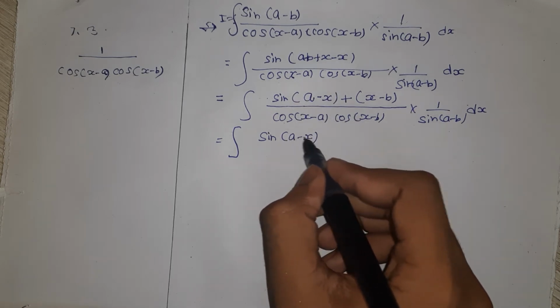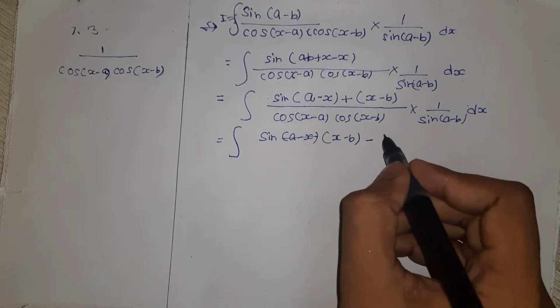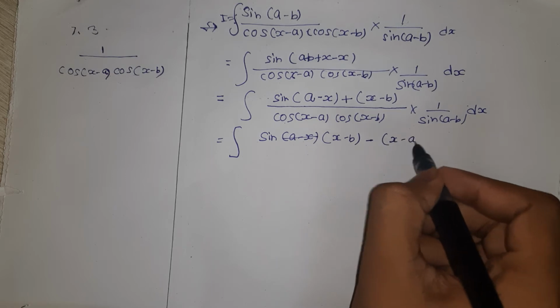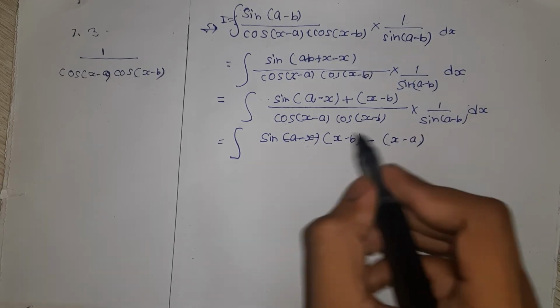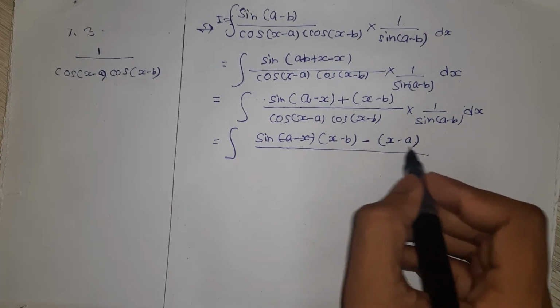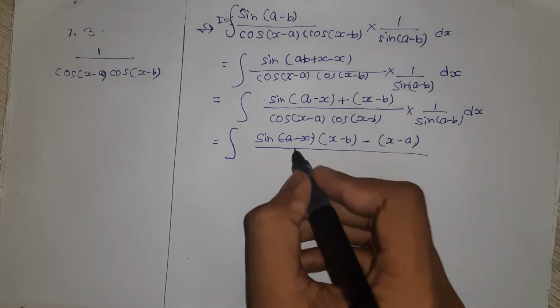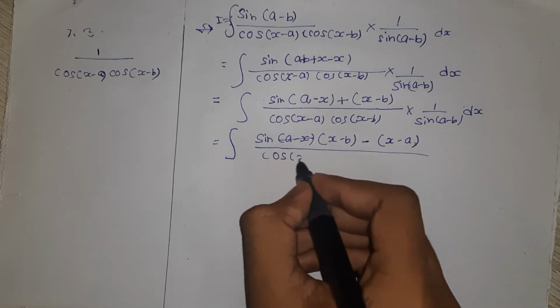So what I can do is, here I can write x minus b minus x minus a. Is there any problem if I write it like this? No, because it will neutralize the whole solution and we will get back to our original one.